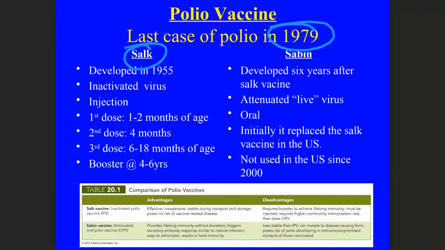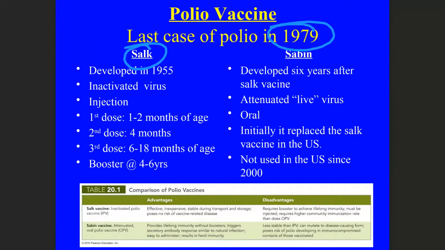What that means basically is they took the virus and they broke it up into little pieces so that you no longer have the full virus in its natural form. The only thing you have left are the antigens. And they would take those little bits and pieces of the antigens from the virus and inject that into people. So that is the Salk vaccine.